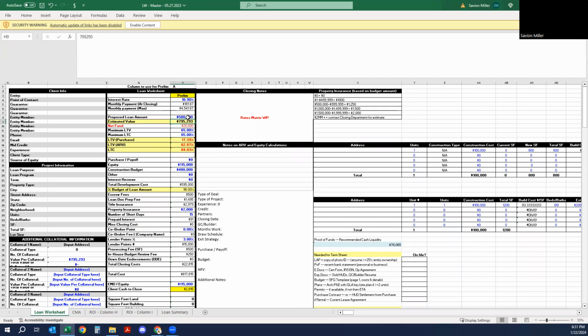Okay, so right here, the loan amount, how it's important is basically you're going to be capped, right? So you see, you can go equals 65% of the estimated value, which is essentially the ARV. Okay, so you see, you're at 86.88. You should be lower than 85. So let's try 510. Still a little too high.